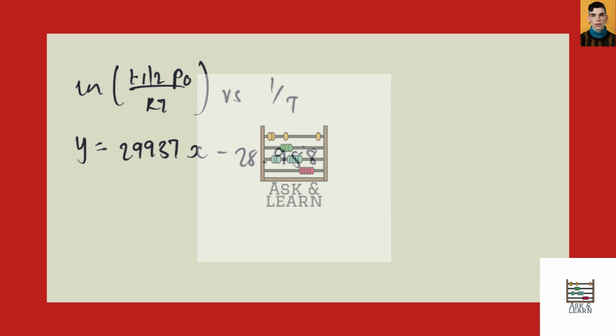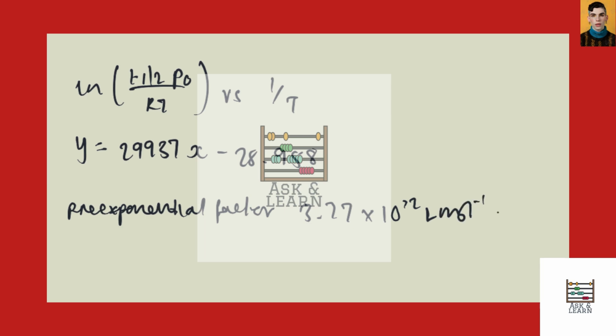So we can use the y-intercept to calculate K0, and so we can solve for the pre-exponential factor as a result of this. It is 1.77 times 10 to the 12 litres per mole per second, and the activation energy Eact is 2.49 times 10 to the 5 joules per mole.